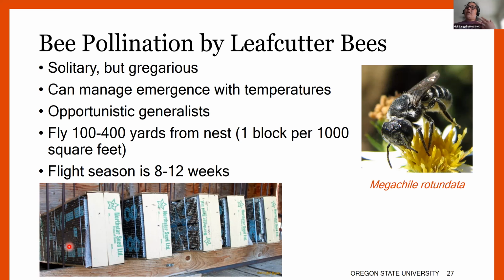But the good thing about Megachile rotundata is even though it's a solitary bee, they do tolerate being close to each other so that you can get relatively high densities of this pollinator in a small area to do pollination in greenhouse systems.